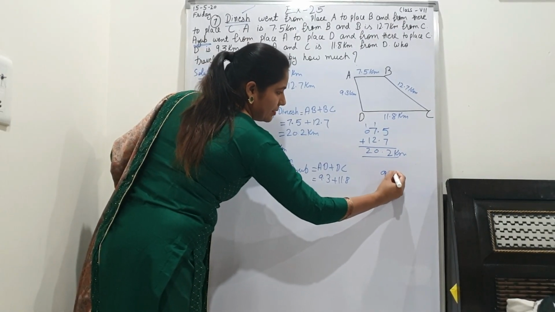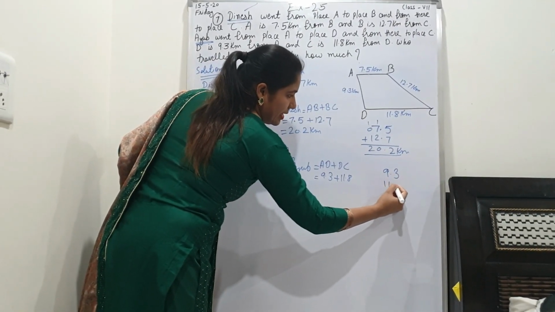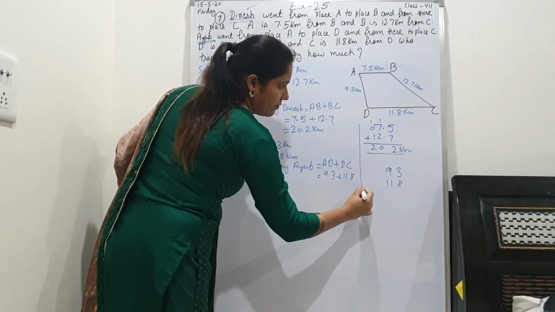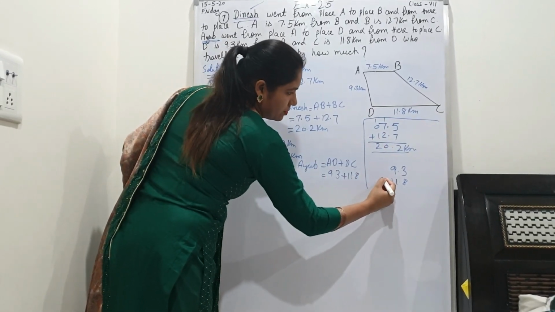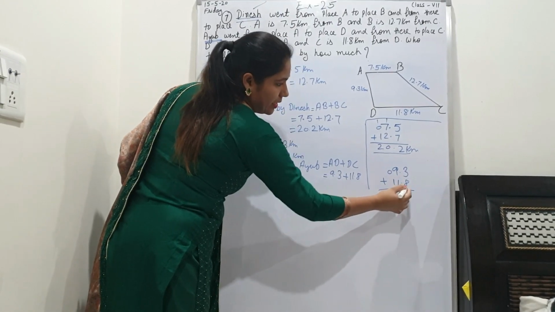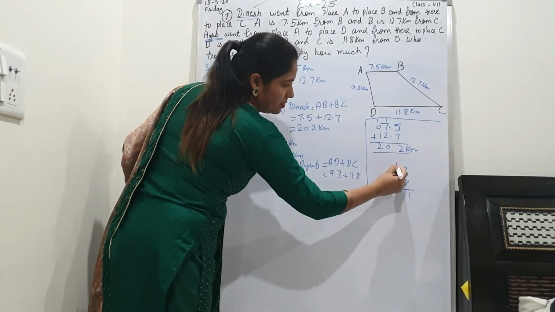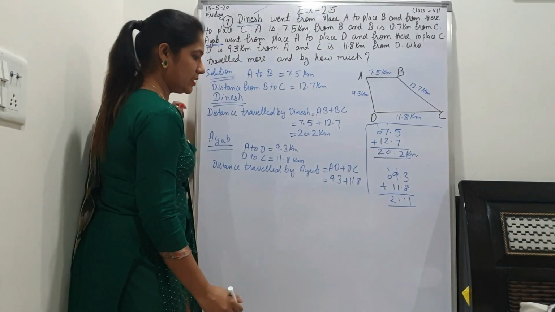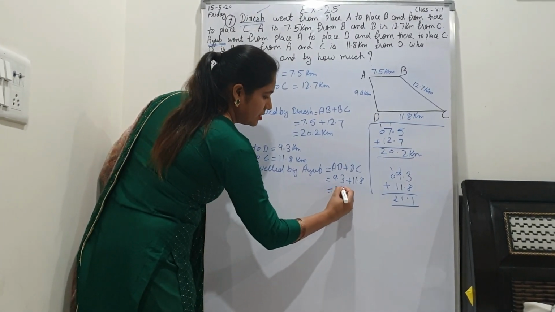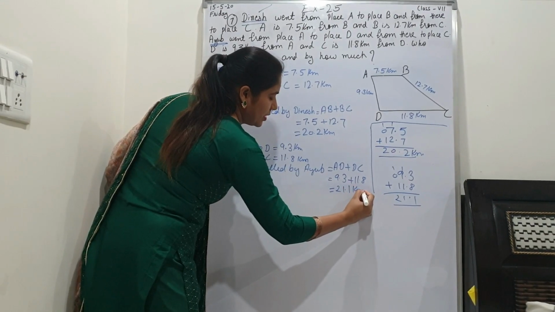Again we will add them, 9.3, 11.8. This is your rough work. You have to show that rough work also. 8 plus 3, 11. So that is 21.1 kilometers. So we will write here 21.1 kilometer.